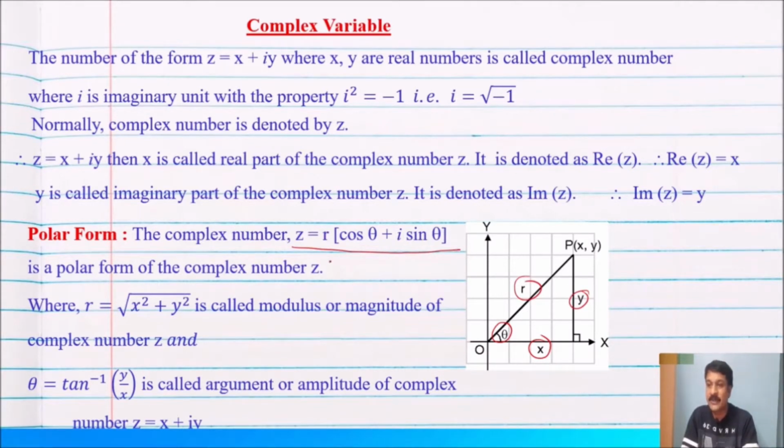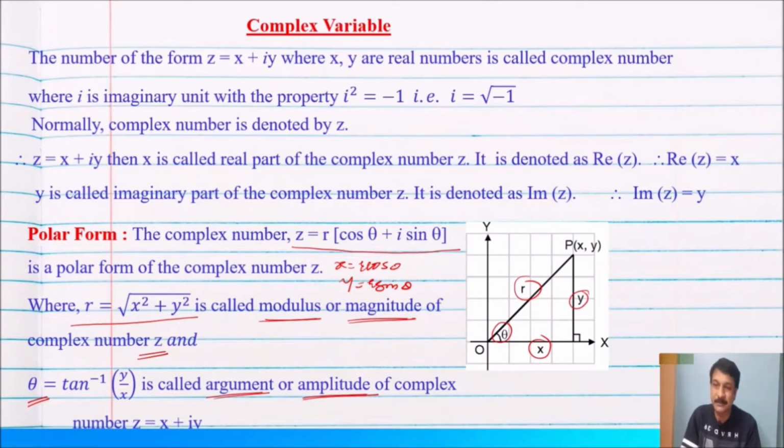From this, x equal to r cos theta, y equal to r sin theta, and we can find r equal to under root of x square plus y square, which is known as the modulus or magnitude of the complex number z, and theta, equal to tan inverse y by x, is called the argument or amplitude of the complex number z equal to x plus iy.